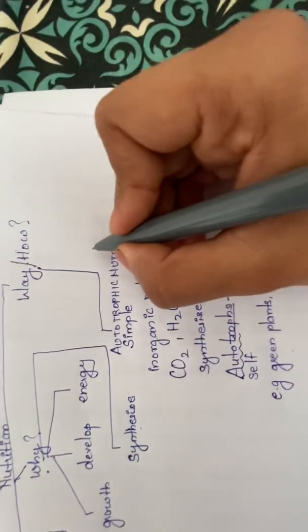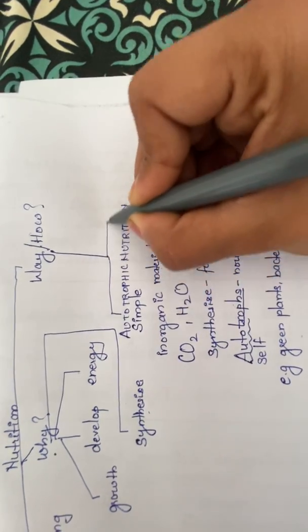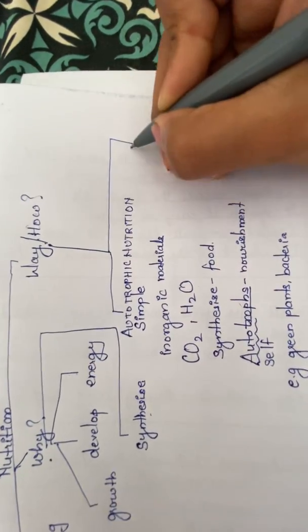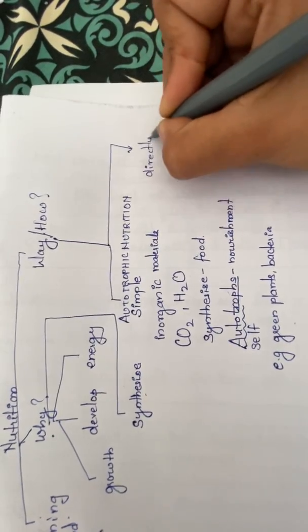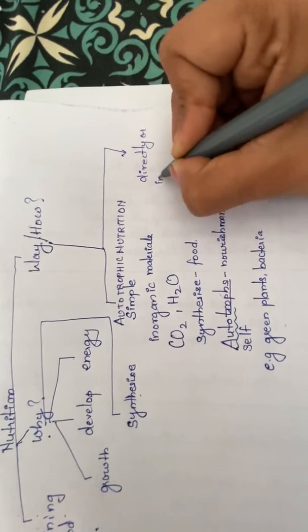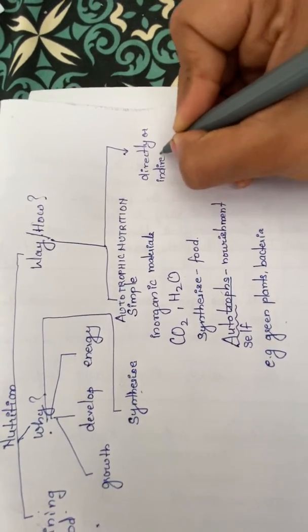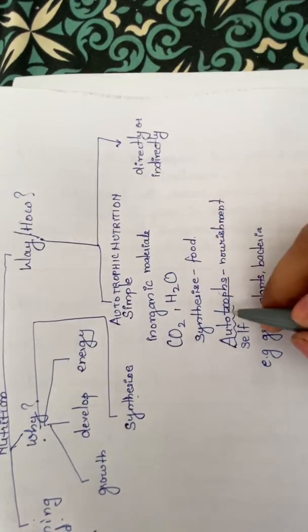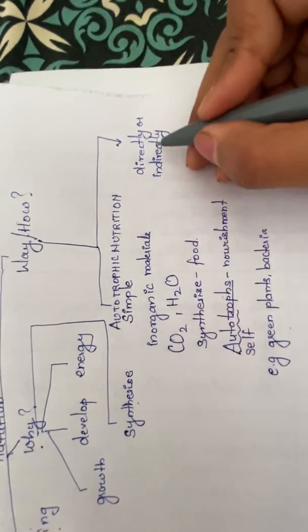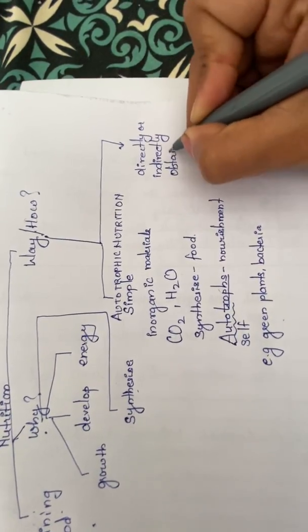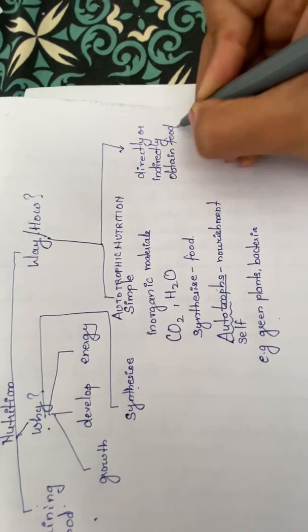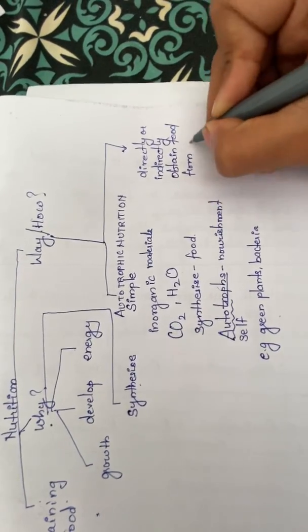What is the other way of obtaining nutrition? The other way of obtaining nutrition is directly or indirectly from the autotrophs. That means the other group of organisms which do not synthesize their own food, they directly or indirectly obtain food from autotrophs.